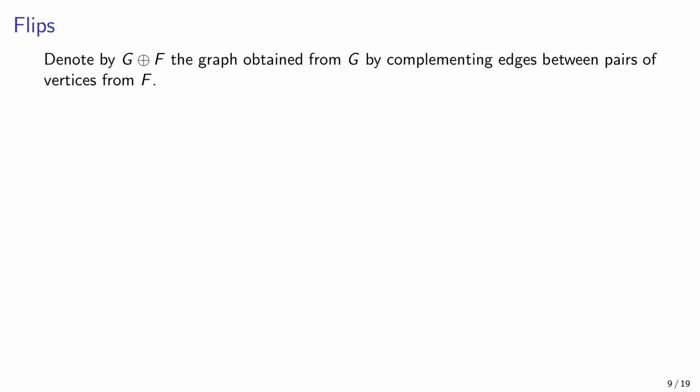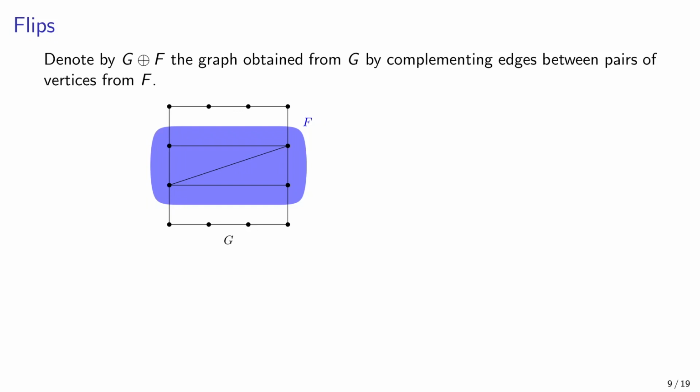And one central notion in our algorithm will be that of a flip. And this is an operation which you can do on a graph by selecting a set of vertices and complementing the edges inside the set. So I've brought you an example.